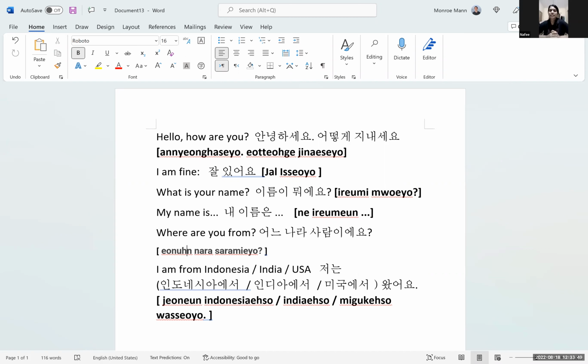안녕하세요. 어떻게 지내세요? 잘 있어요. 이름이 뭐예요? 내 이름은 베티. 어느 나라 사람이에요? 저는 인도네시아에서 왔어요. Okay.